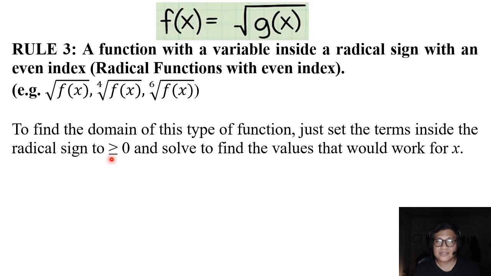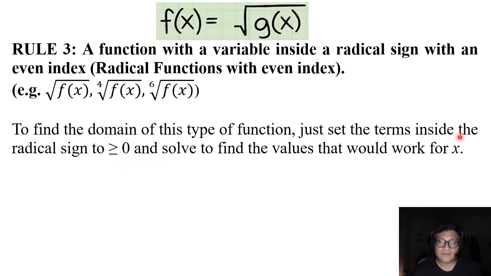This is an inequality because we are going to include the 0 as part of the solution. And we are going to solve to find the values that would work for x, meaning whatever value for x that we solve, that will be the domain.